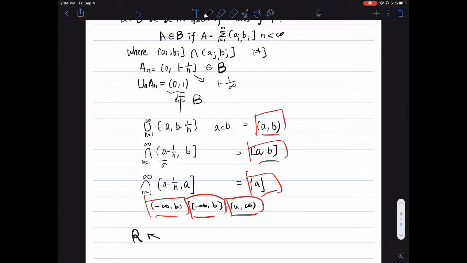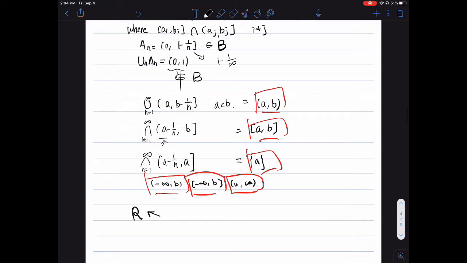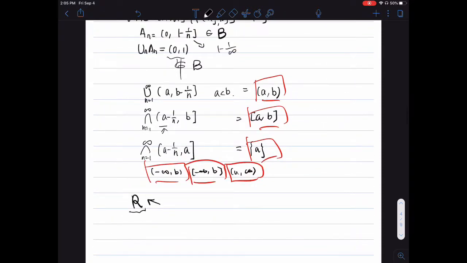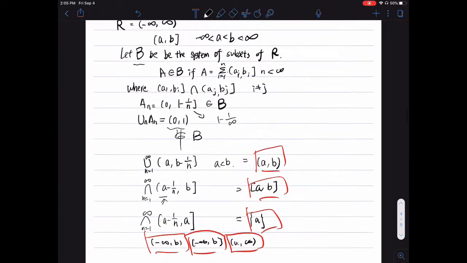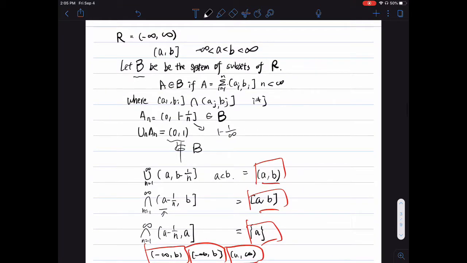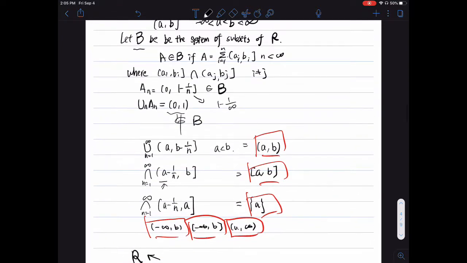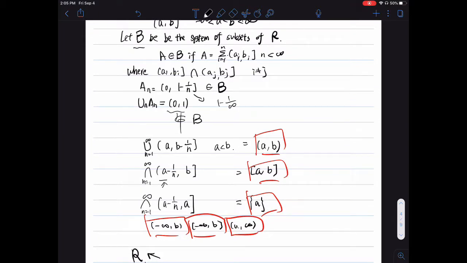So in summary, we successfully generated a sigma algebra for the sample space R from this space B, which is actually a system of subsets of R. Instead of directly generating a sigma algebra from an uncountable space R, we first define a new system of subsets B, and then we generate a sigma algebra from this countable system B. This way of generating subsets has a name, and the new sigma algebra generated from B also has a name.